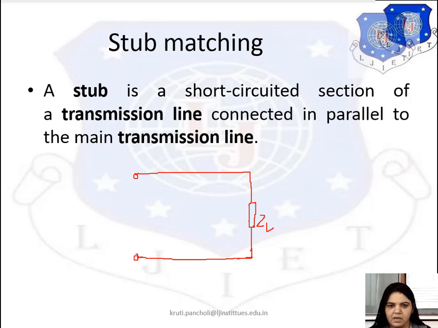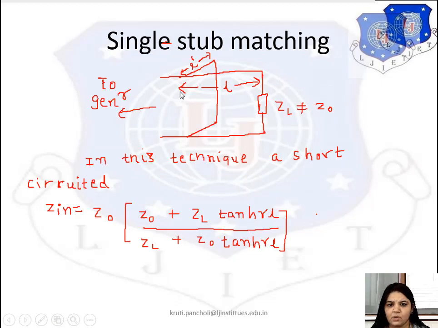What is a stub? A stub is a short-circuited section of a transmission line which is connected in parallel to the main transmission line. Here we can see this is the transmission line, terminated with the load impedance ZL. To match the impedance, the stub is required.